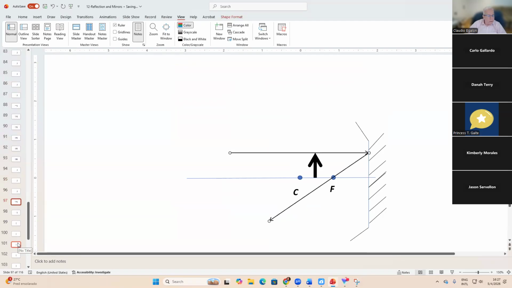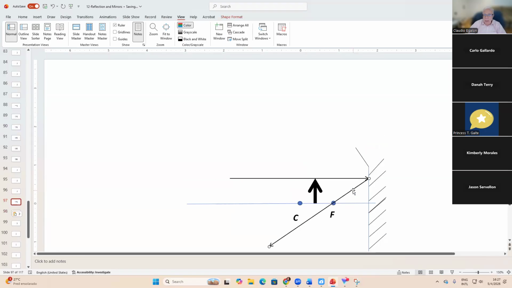That's what I want. First light ray incident, then we have the light ray reflected, which you can choose. You can choose a light ray that passes through the center of curvature and reflects back, or one that passes through the focal point and reflects parallel, or another that goes up to the center and reflects here. I prefer the light ray that passes through the focal point.